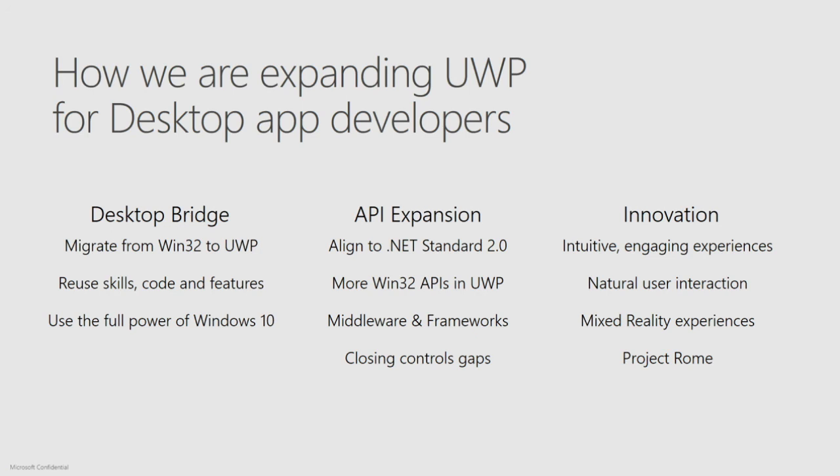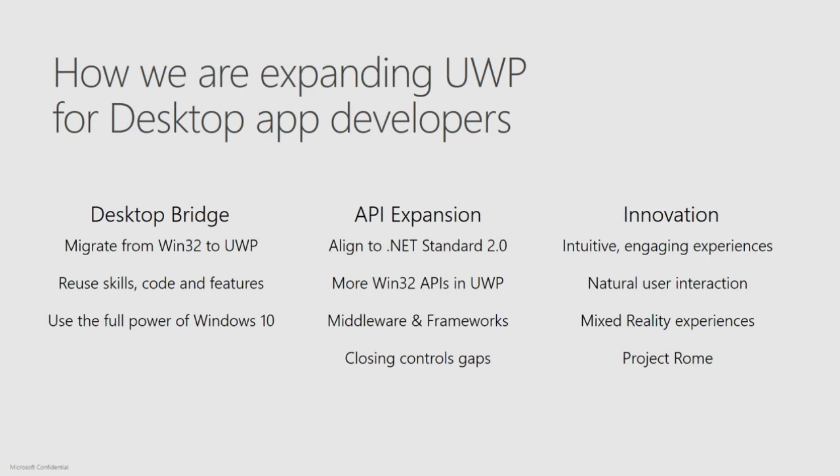For new UWP projects, we're continuing to expand the API surface aggressively. The .NET 2.0 expansion this fall was probably the biggest one we've done to date, which added, I don't know, 20,000 APIs or some pretty large number like that.